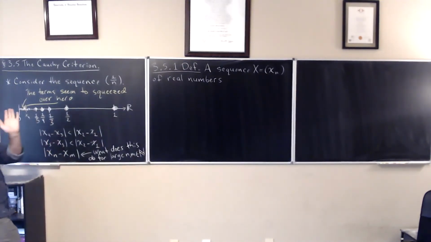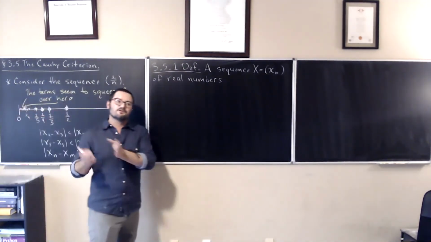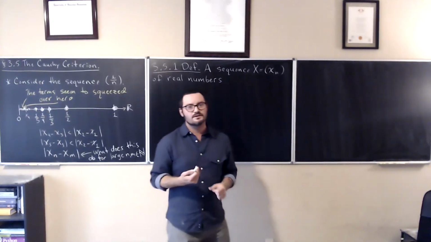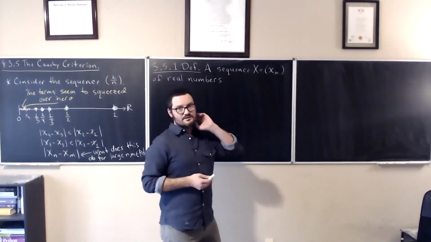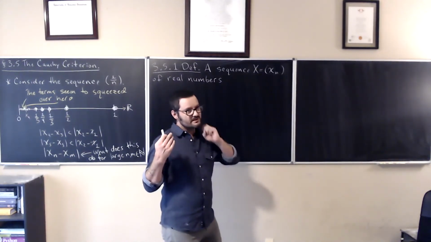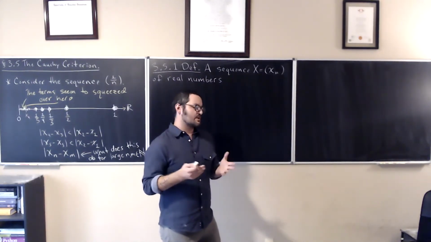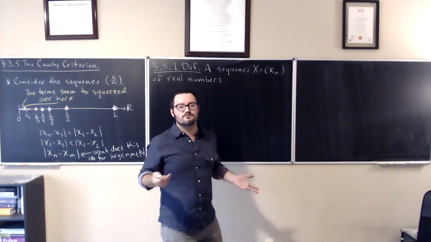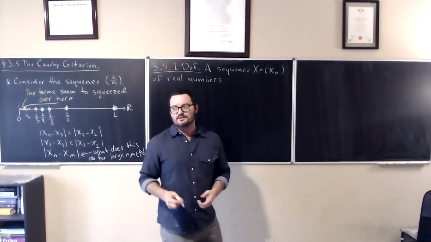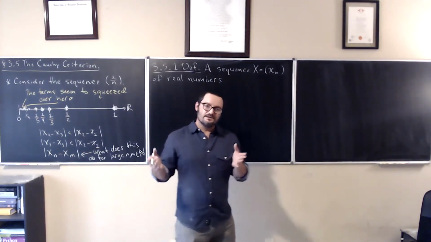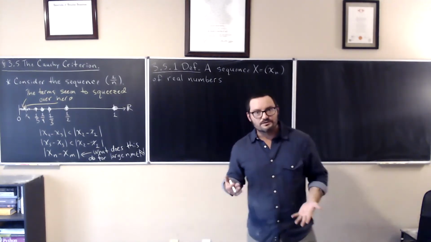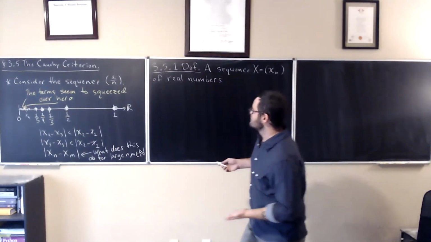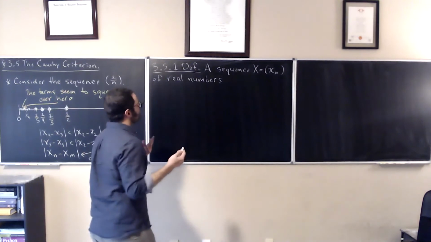If those terms get squeezed together arbitrarily small whenever you take big enough indices on that sequence. So before I write the rest of it, think about it: how do we determine closeness amongst real numbers on the real number line? Typically we have some positive epsilon and then absolute values, right? Absolute values. Well, that's what we're going to do.